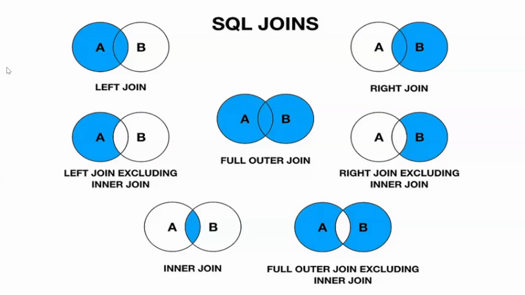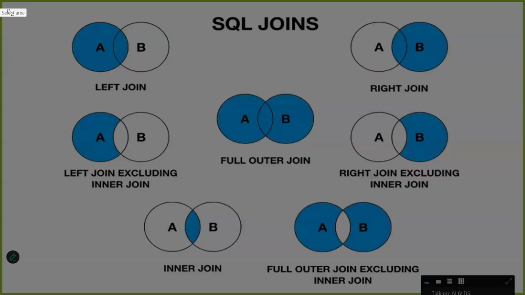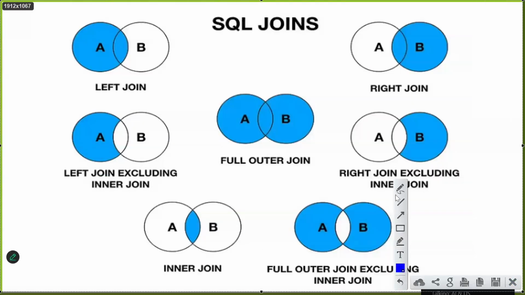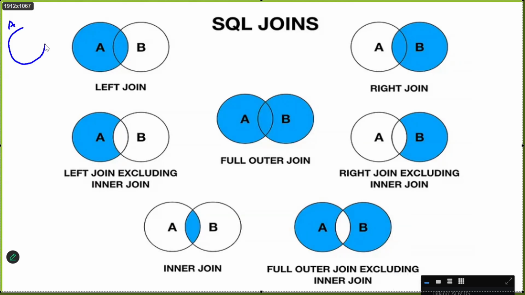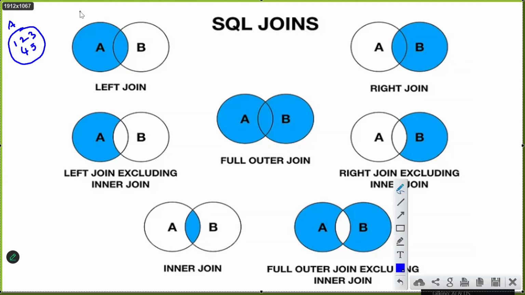I will illustrate this with an example. Suppose table A consists of 1, 2, 3, 4, 5 and table B consists of 1, 2, 3, 6, 7. For left join, we have 1, 2, 3, that is the combination, and also 4, 5.